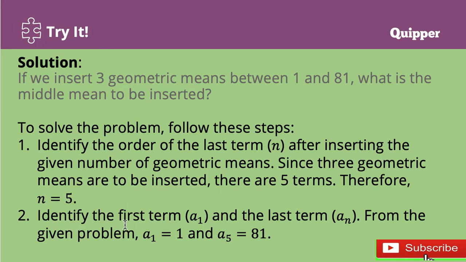Second, identify the first term, or a sub 1, and the last term, or a sub n. From the given problem, a sub 1 is equal to 1, and a sub 5 as the last term is equal to 81.